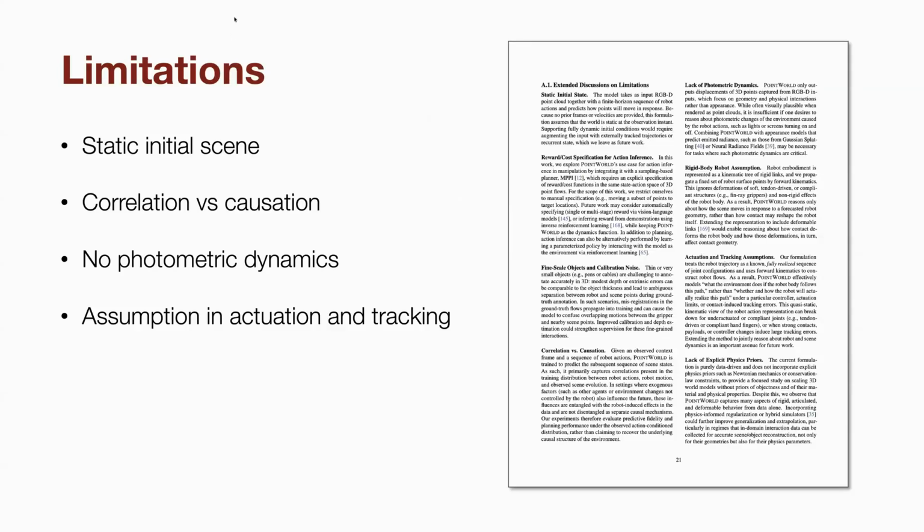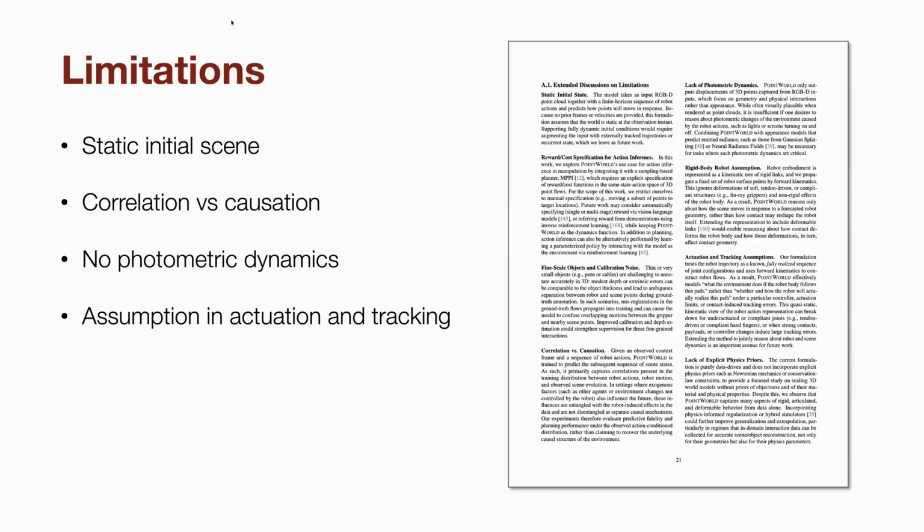Basically, the assumption is that for the input, we always assume that the actions can be realized. So, for example, you can move the robot to penetrate a wall, or penetrate the table, something like that.